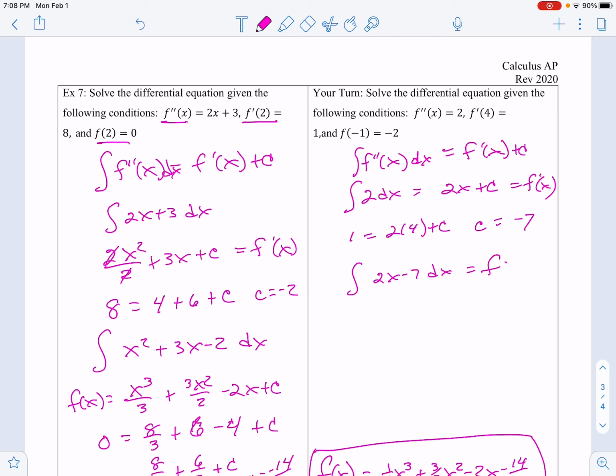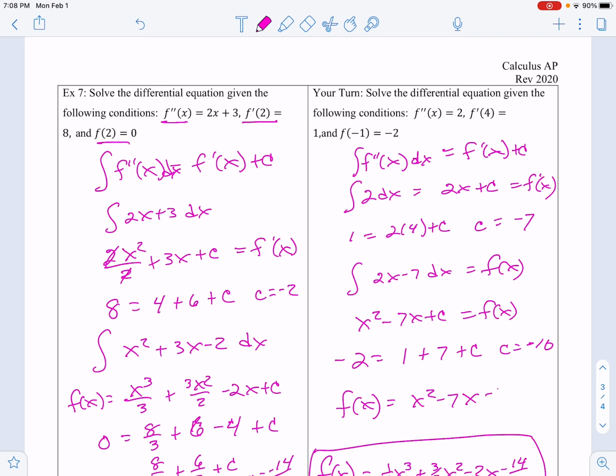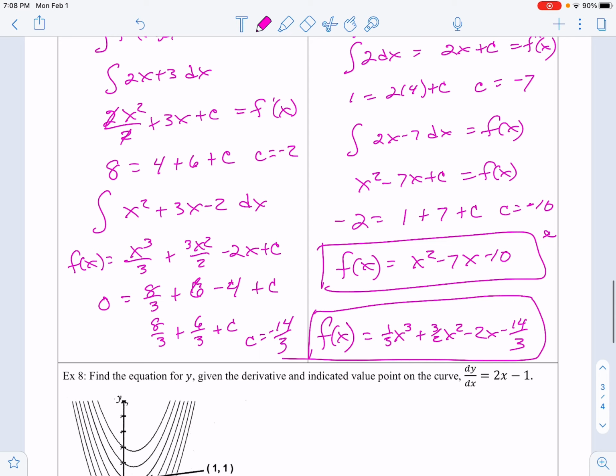And that's going to give me f of x. So you get x squared minus 7x plus c equals f of x. They tell me I plug in negative 1, I get negative 2. So what's that, 8? So that c is equal to negative 10. So f of x is equal to x squared minus 7x minus 10. Okay, that's this one. This one belongs over here.